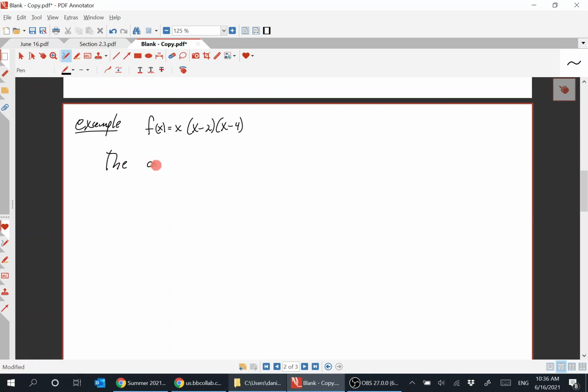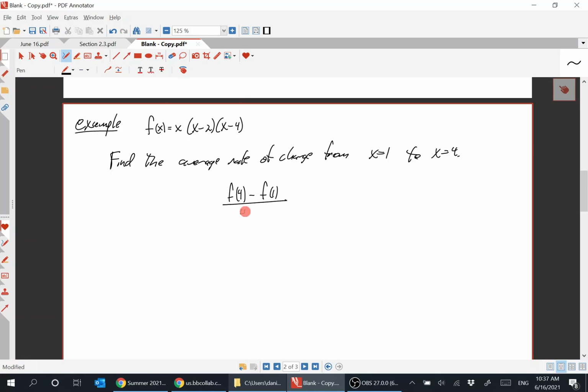Find the average rate of change from x equals 1 to x equals 4. So the average rate of change over the interval from 1 to 4 is f of 4 minus f of 1 over 4 minus 1.